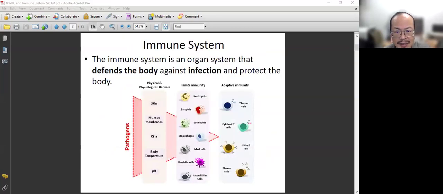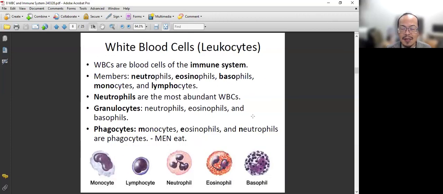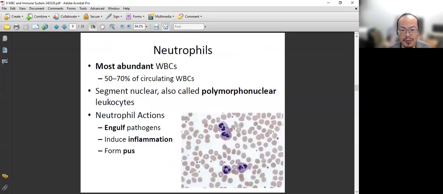We have innate immunity and adaptive immunity waiting there to fight them. There will be some battles, some inflammation going on, and they will capture those intruders. However, they may run away. Not all of them get killed by the white blood cells, the leukocytes. Some of them may escape, and those escaped ones will eventually go into the sewage, like the shower, and then go to the sewage.